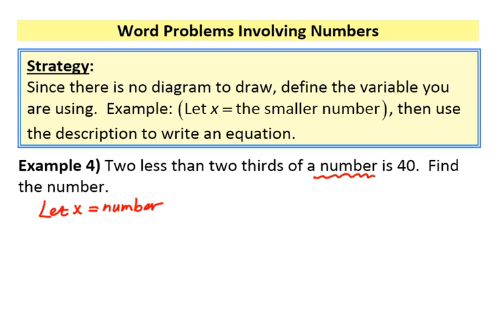So our equation then: remember, the 2 less than will go after the subtraction. So 2 less than 2/3 of a number, so let's multiply, 2/3 of x, and then that is 40.